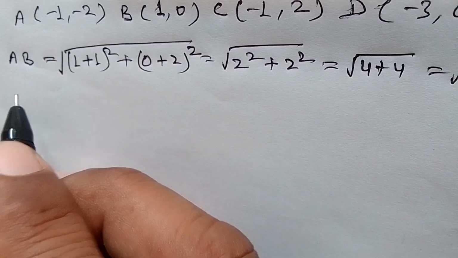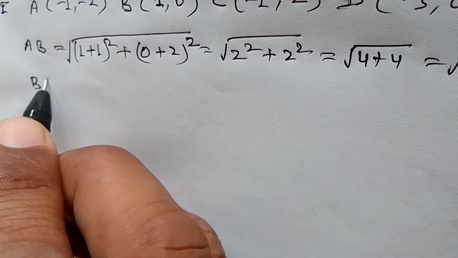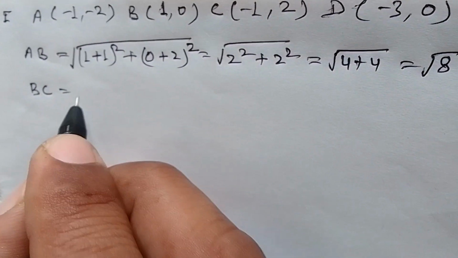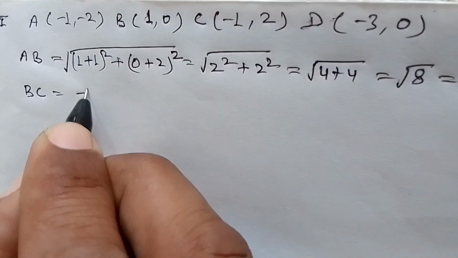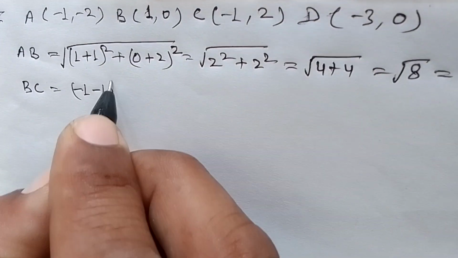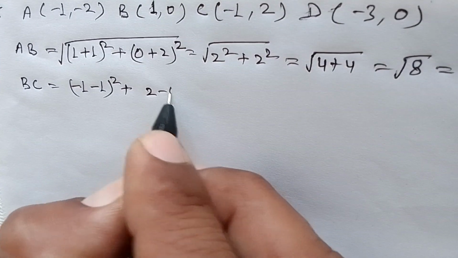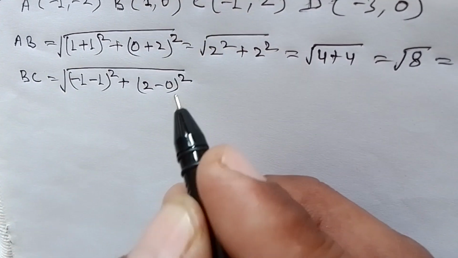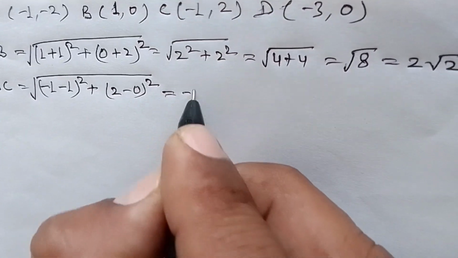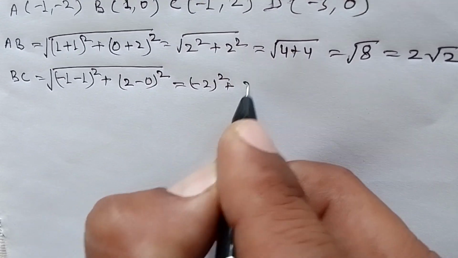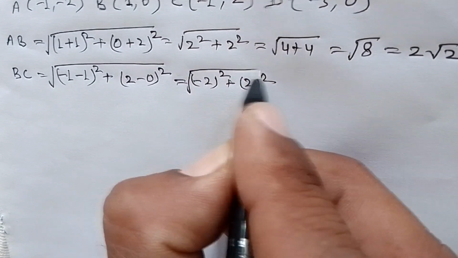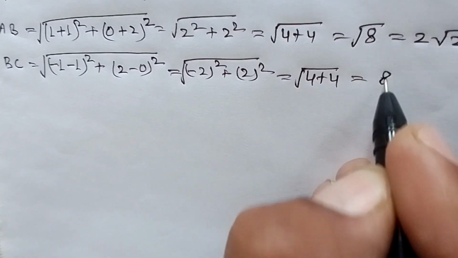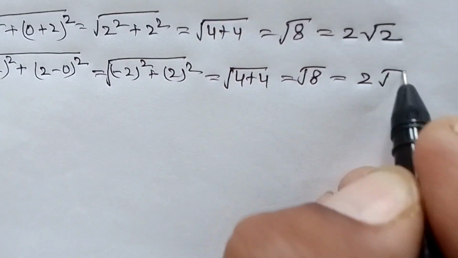Now we will calculate the distance between points B and C. So for this, (minus 1 minus 1) square plus (2 minus 0) square. So it will come out to be minus 2 square plus 2 square, which on further simplification gives root of 4 plus 4, equal to root 8, that is equal to 2 root 2.